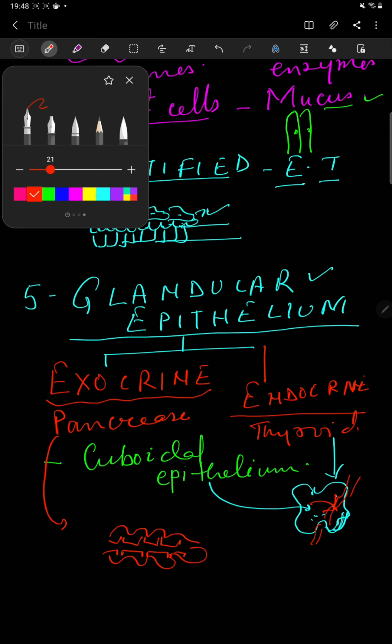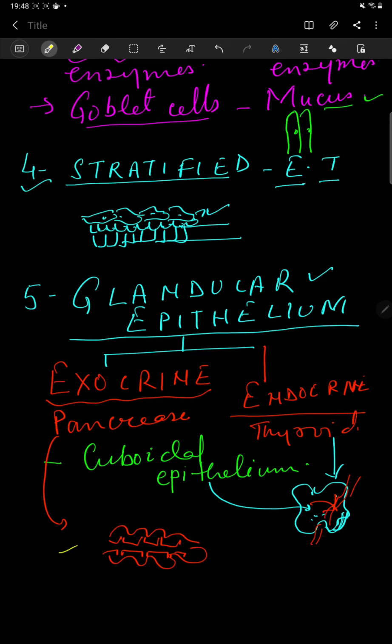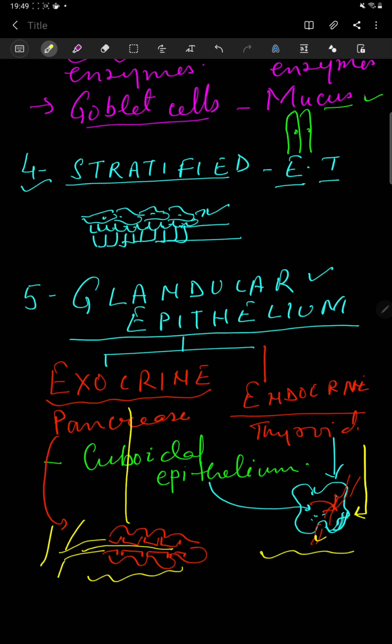But it has a duct; correcting myself, not the gland, the duct. Whatever it makes will ultimately go through this duct and be added into the digestive system. So this type of gland is termed exocrine, and this type of gland is termed endocrine, where the secretion diffuses into the blood. When the duct is there, this duct is made up of squamous epithelium. The duct part of this gland is made of squamous epithelium, and the glandular part is made up of glandular epithelium.